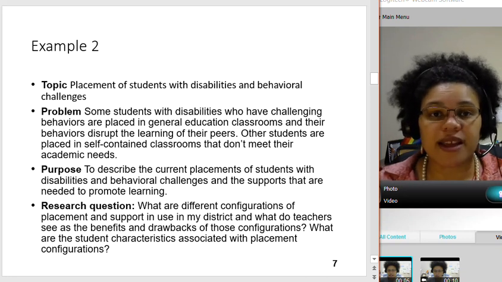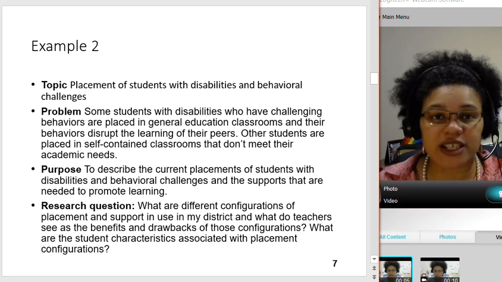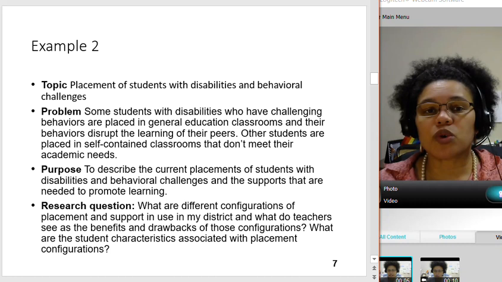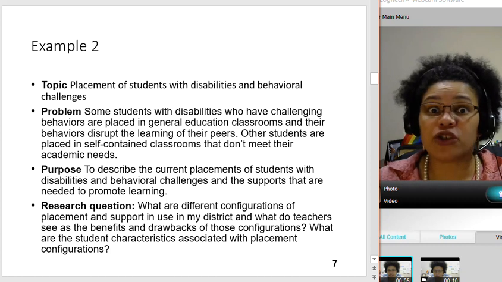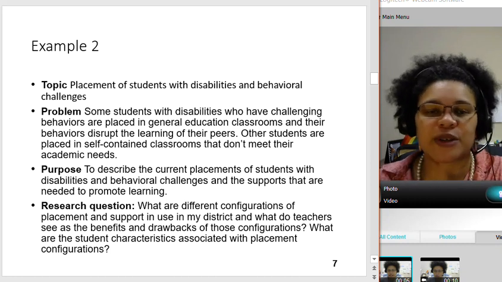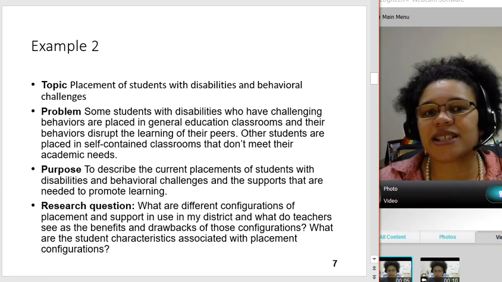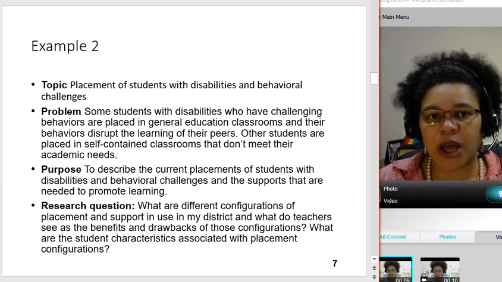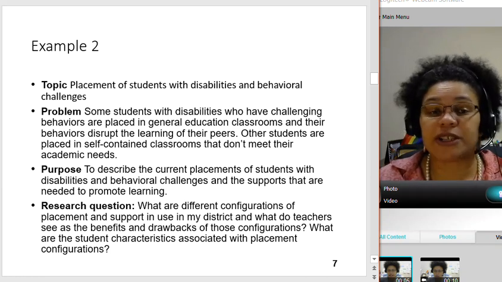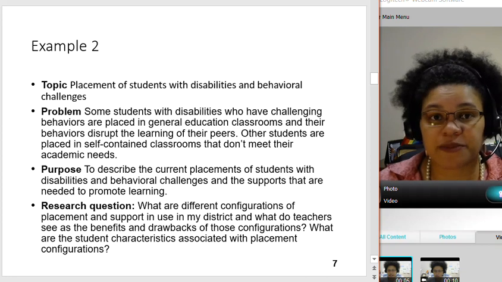Whereas there may be white students with disabilities and behavioral challenges who maybe could use a separate setting, but they're maintained in a general education classroom, perhaps disrupting the learning of their peers.